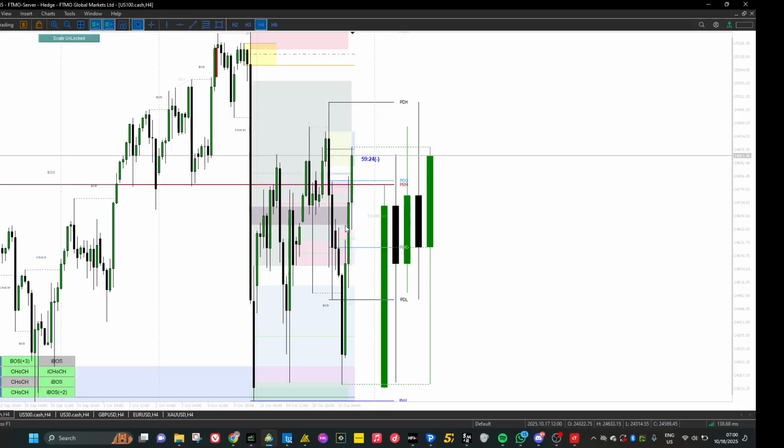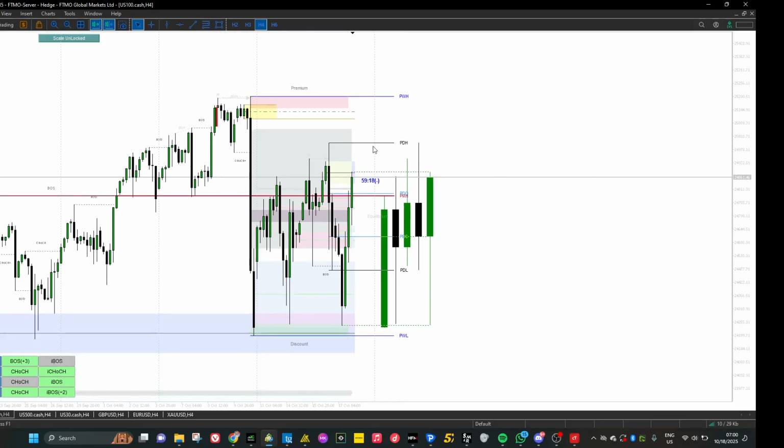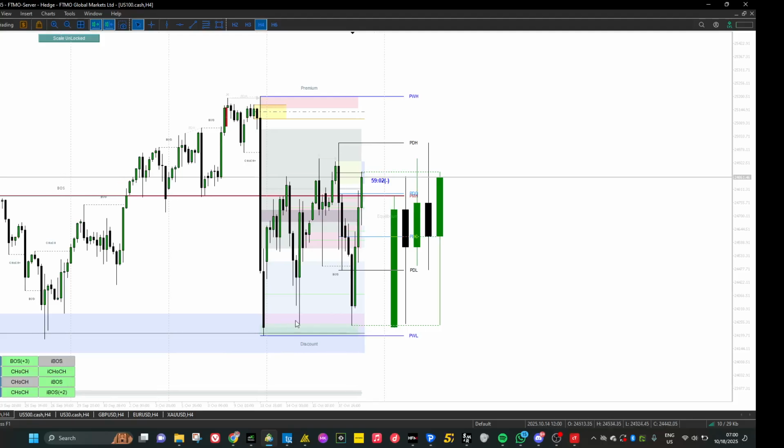Traded down, went back up, traded back down into this discount area. So on this leg of price action, down here is discount, here is equilibrium right here, and here is premium on the 4-hour time frame. What I need to do is find a better color to properly identify these levels on the chart.